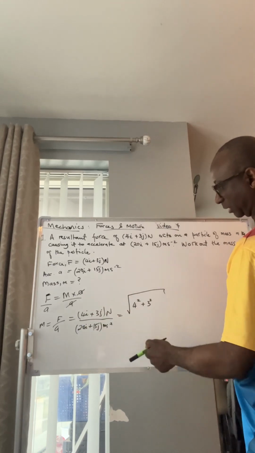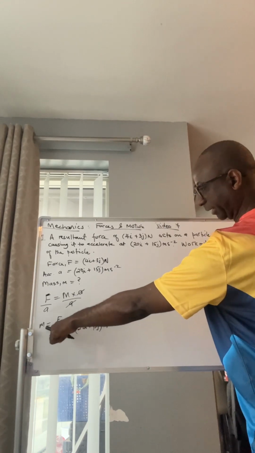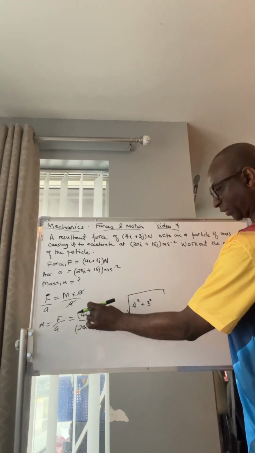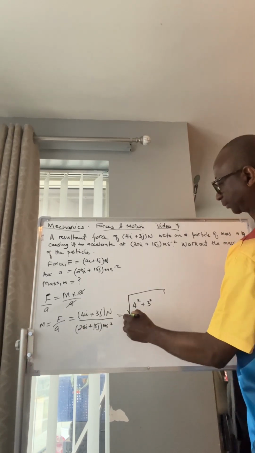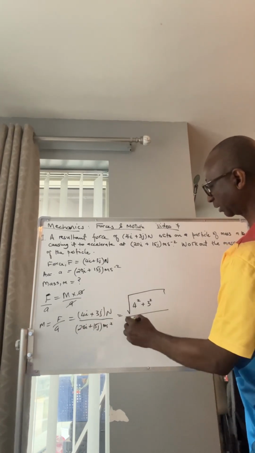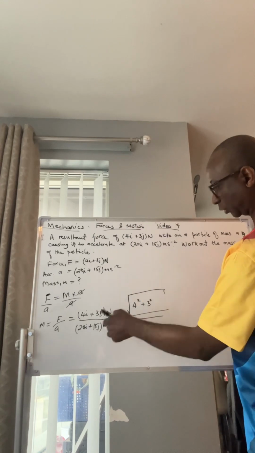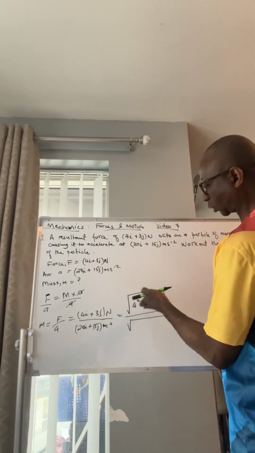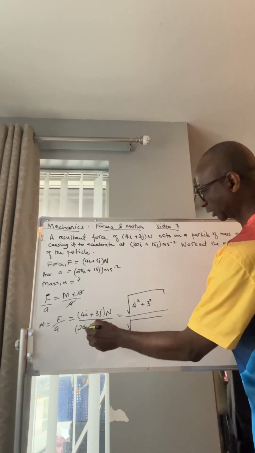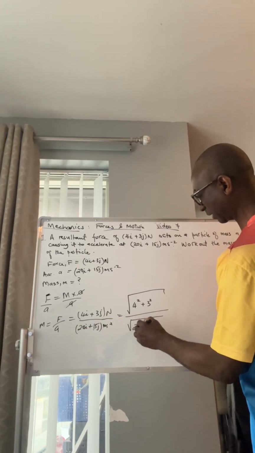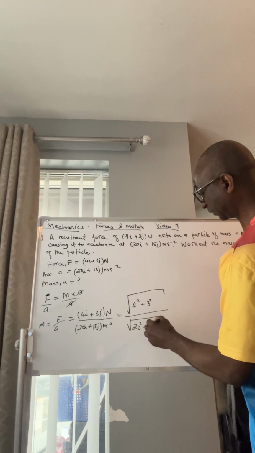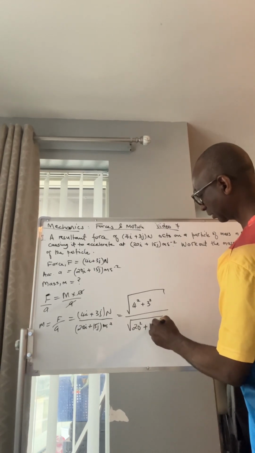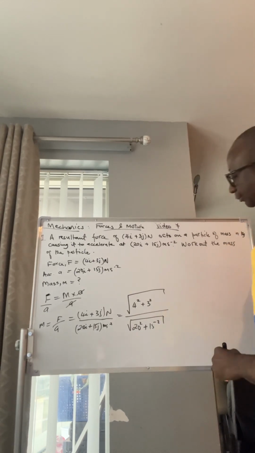We are looking for a real number here, the mass. So you need to find the resultants of the vectors. And for this one here, again, this is the formula: you find the square root of the sum of the squares. So 20, just square what you have there, plus 15 squared.